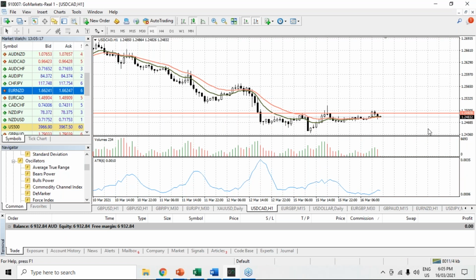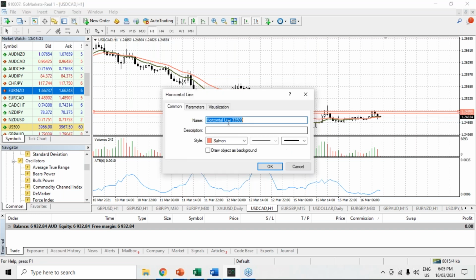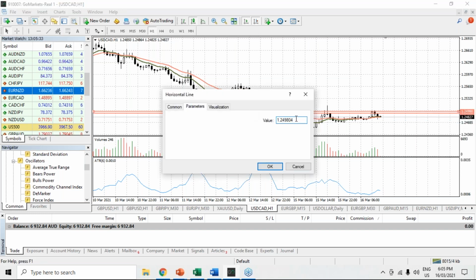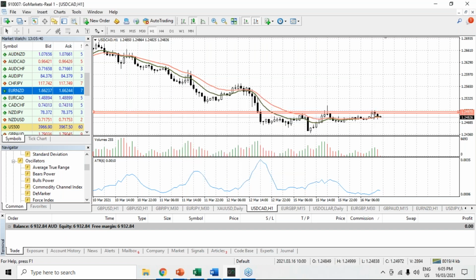So if we put it 5 pips above this line here, it would be 124.97, okay? So 124.97 we said. And so that candle there, and these wicks, haven't actually closed above that line, and that was a false breakout.